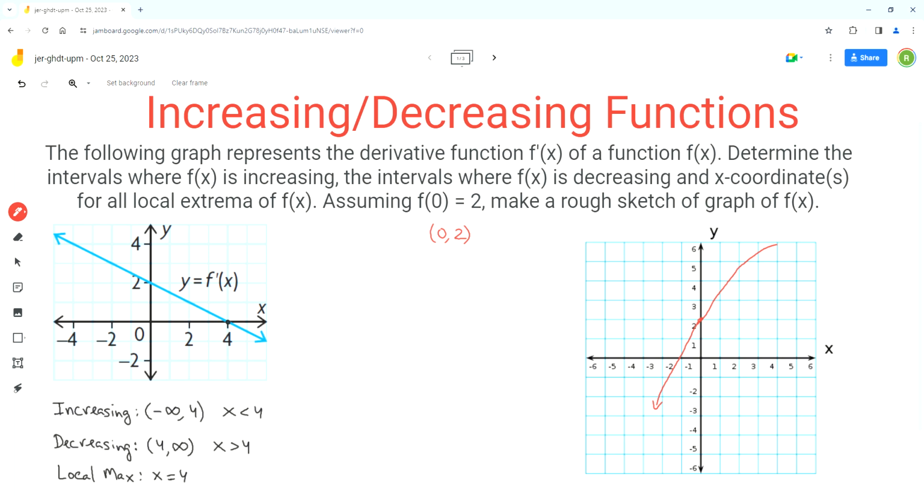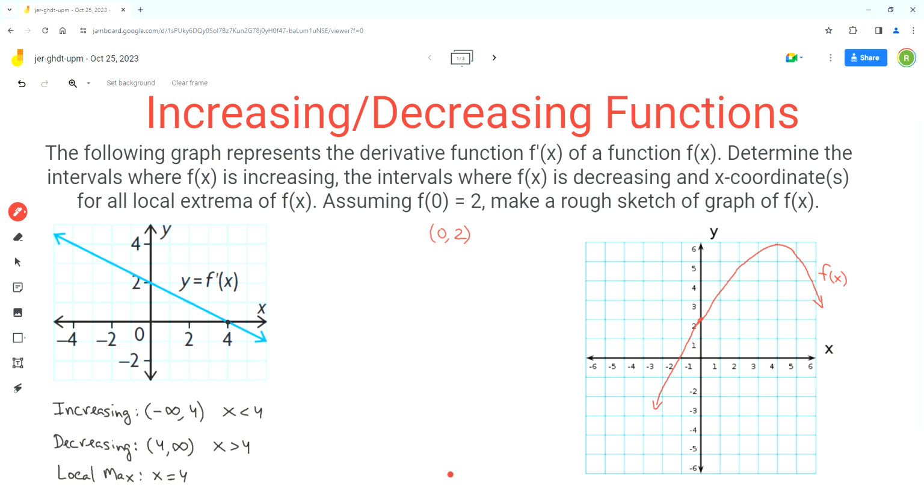And then on the other side, the graph starts going down because the slope of the tangent is negative, or f'(x) is less than 0. And then it just goes down. So this can be a possible sketch of function f(x).